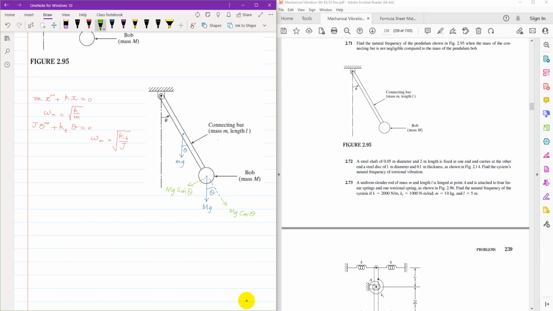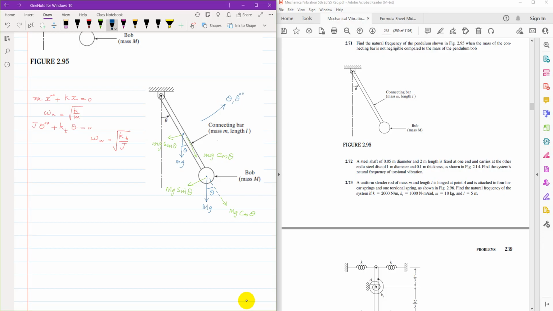Similarly here I have a component lowercase mg sine theta, and one component acting in this direction is lowercase mg cosine theta. I have assumed the direction of motion to be anti-clockwise, so that is theta and theta double dot.